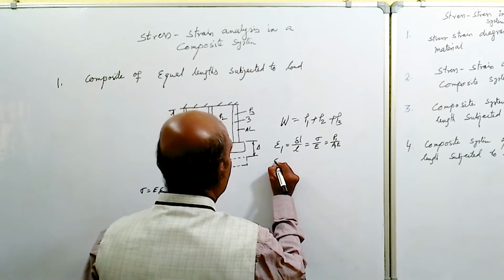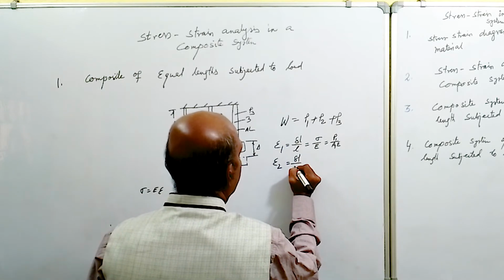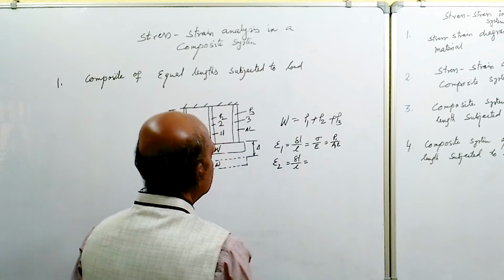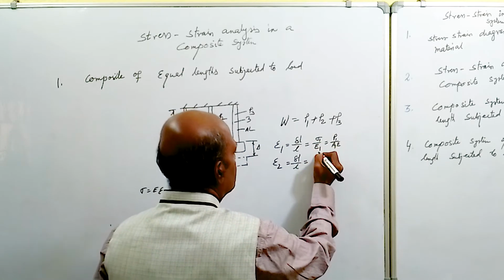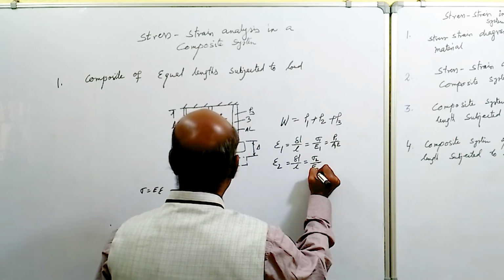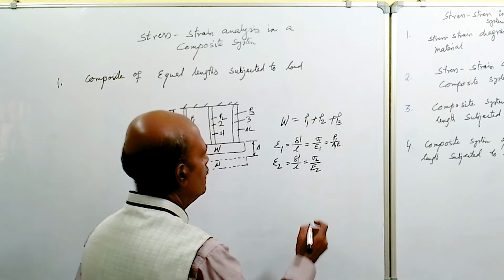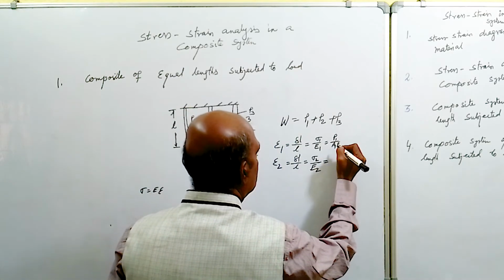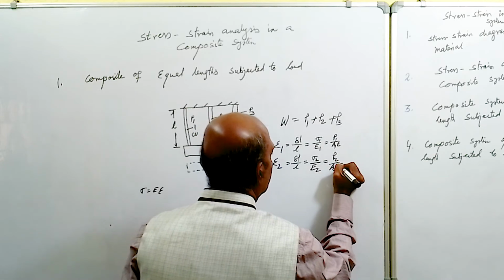Similarly, we can write epsilon 2, that is also delta L by L, where the stress developed in bar 2 is sigma 2. So sigma 2 by E2 is equal to, you can write, sigma 2 is equal to P2 by A2 into E2.